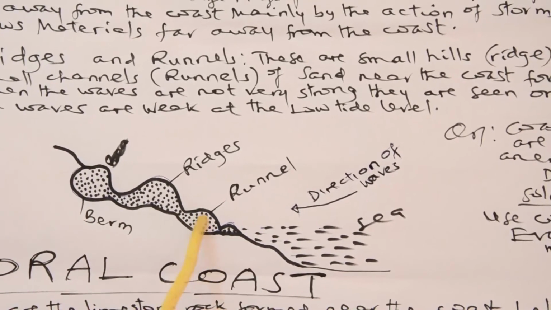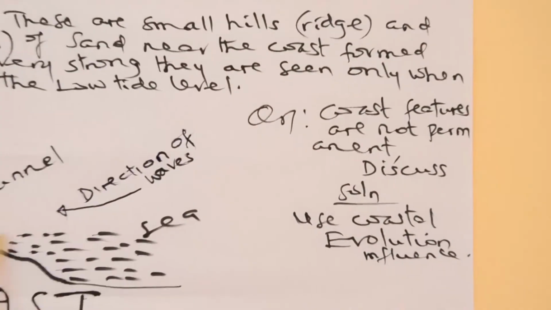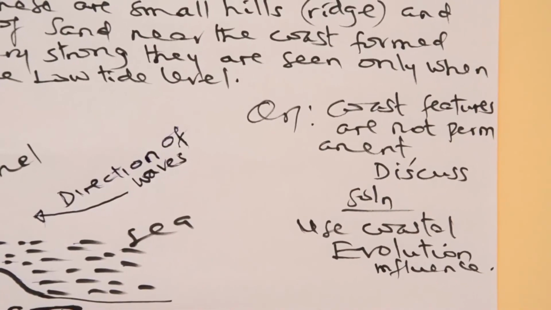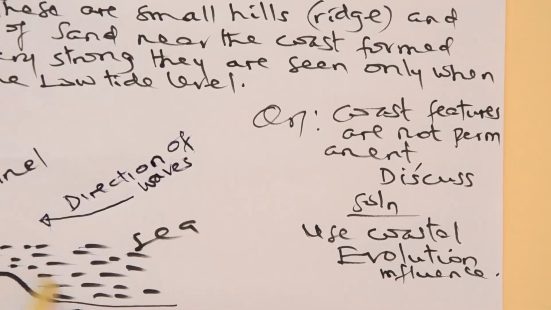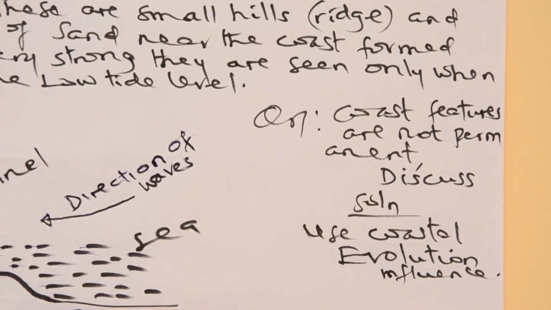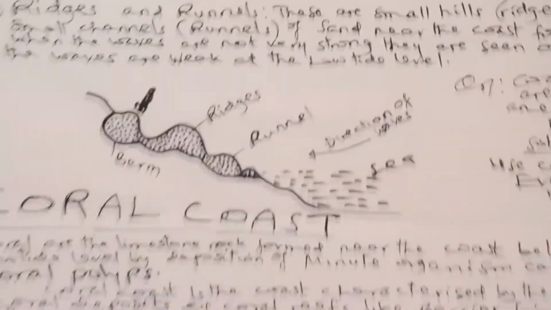The hill structure that takes place before or after the runners is called ridges. But when material is swept far away by strong waves, it is called a beam, as I described before.